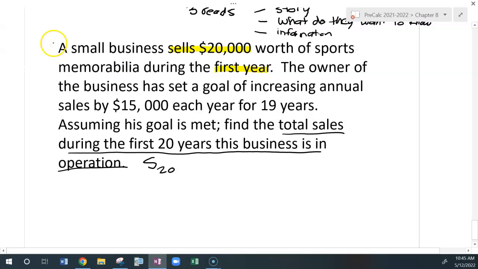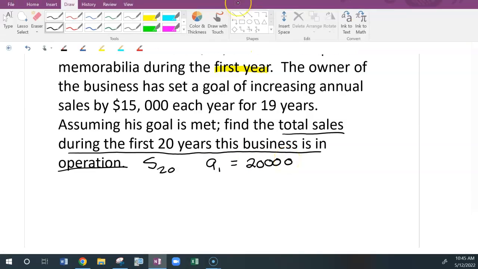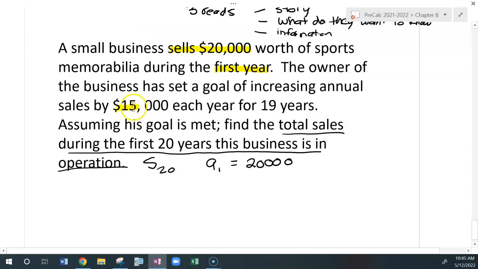That says that A sub 1 equals 20,000. Goal of increasing annual sales by $15,000 each year. That says the common difference is 15,000. So D equals 15,000.